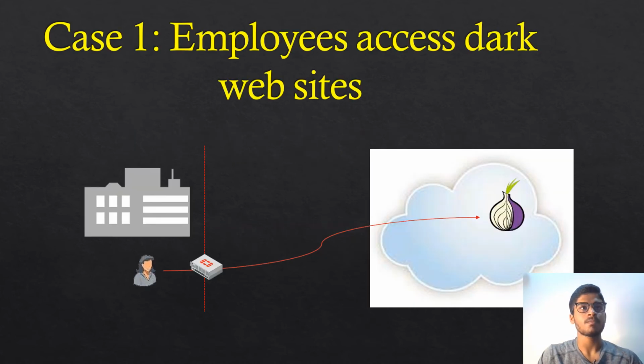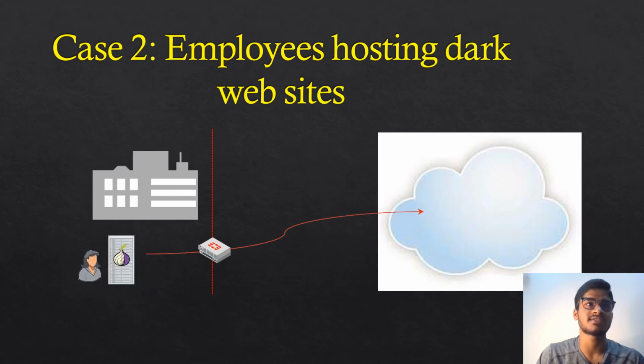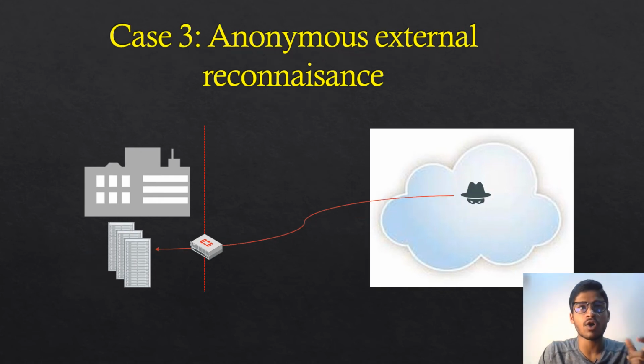Okay. Case 1: employees accessing dark websites. So in your company, if your employee is accessing a dark website, or Case 2: employees hosting dark websites. One is people hosting dark websites, and one is accessing dark websites. Case 3: anonymous external reconnaissance, where from the external side we are tracking into you.